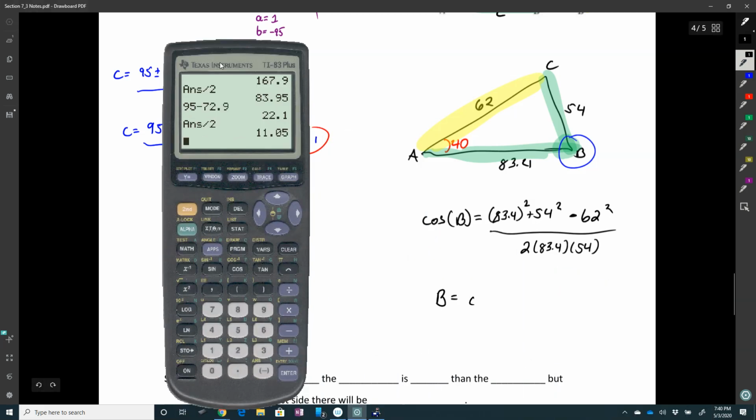So B equals the inverse cosine of that stuff once I figure it out. So 83.4 squared plus 54 squared minus 62 squared divided by 2 times, I had to put them in parentheses, 2 times 83.4 times 54. Okay, and so let's do the inverse cosine of that.